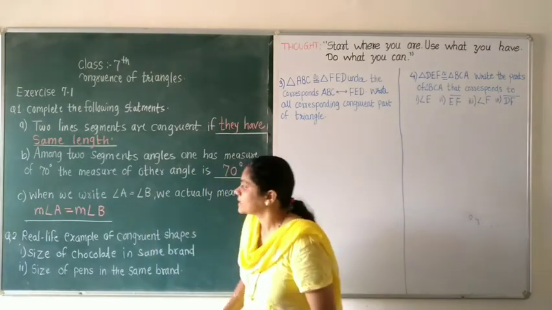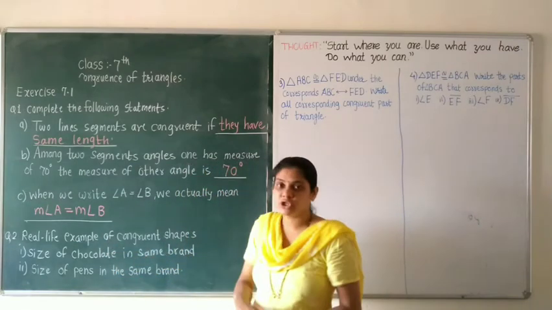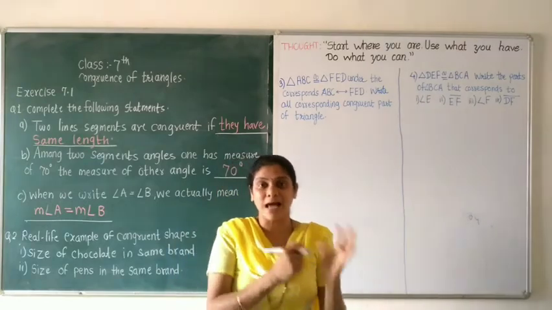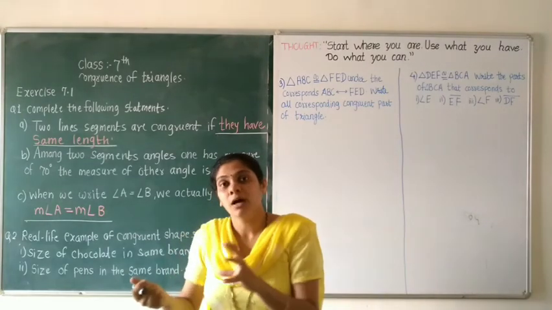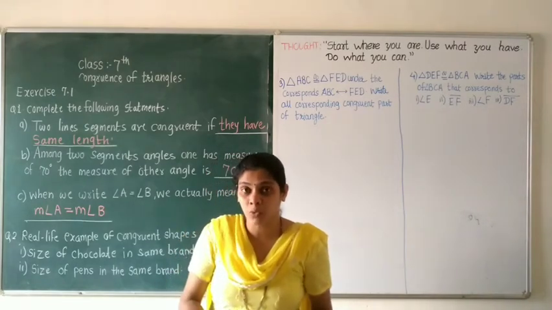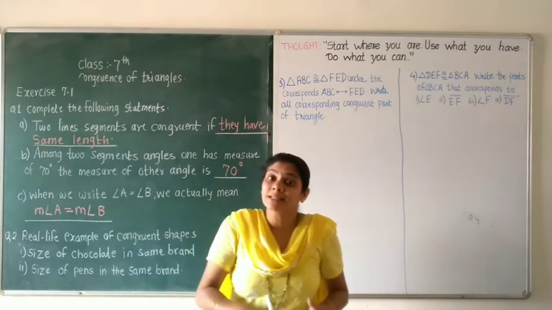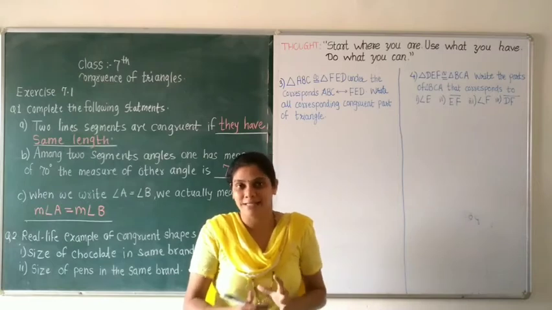Second, real life examples of congruent shapes. Already we have discussed in the last session, going through the examples related to congruency. We have discussed the pages of the same book, the same stand, the same toys of the same brand. So like that, we have to write the examples here.